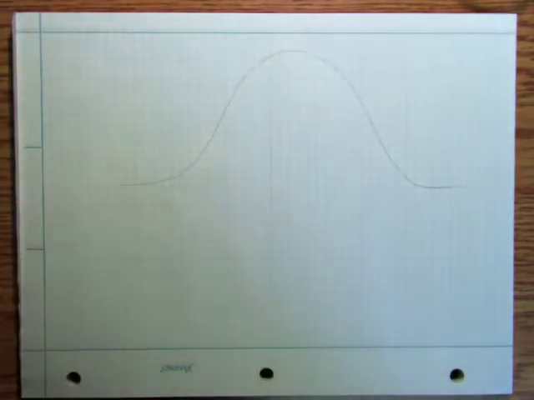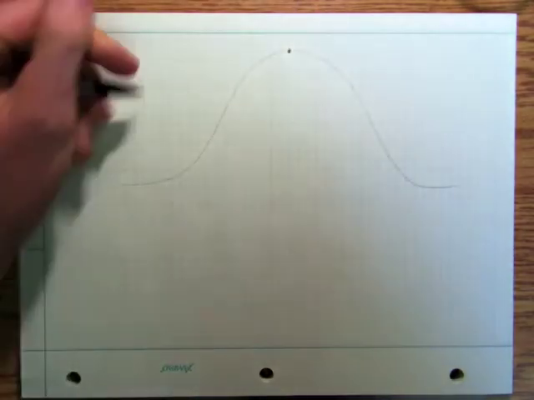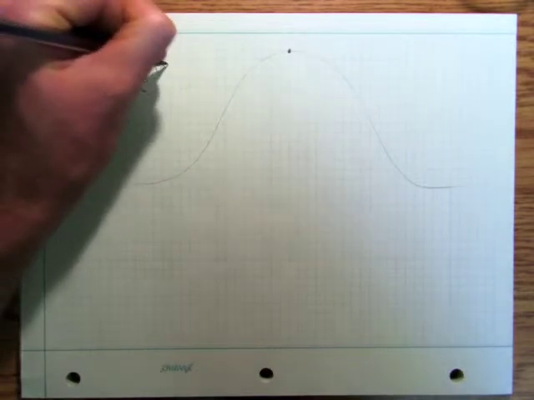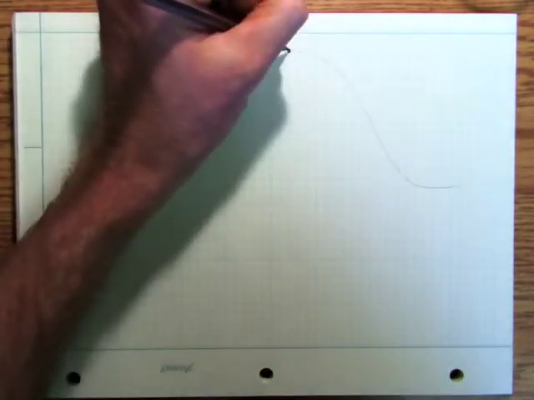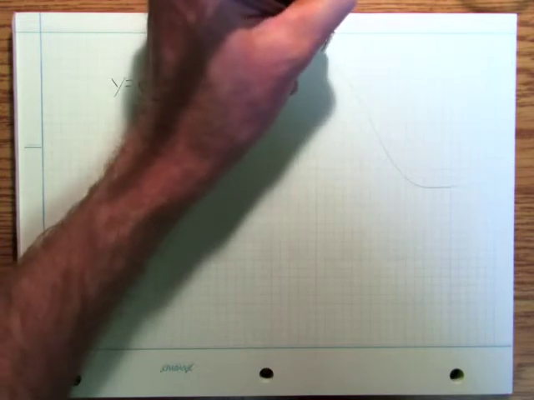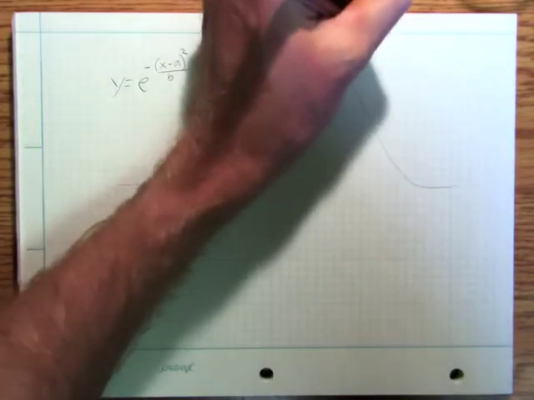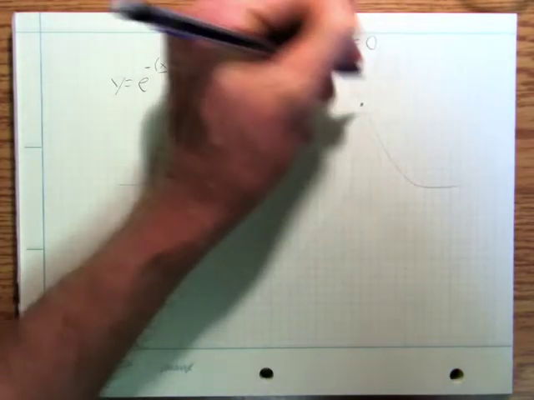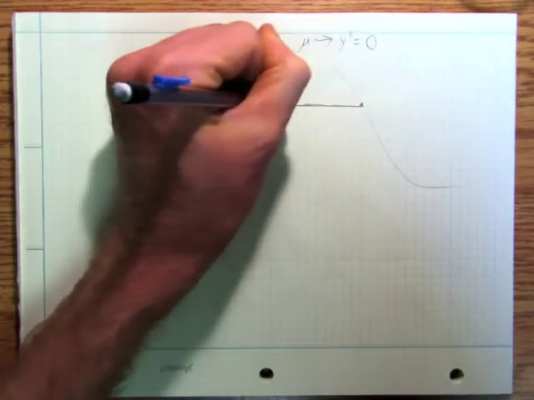If I've got my normal distribution, and this is y equals e to the negative x minus a squared over b, I'm saying that this point, the mean, is where y prime equals 0, and this is my sigma right here.